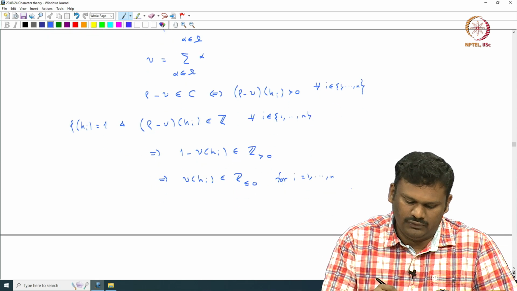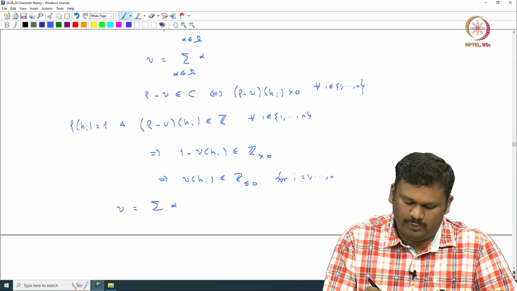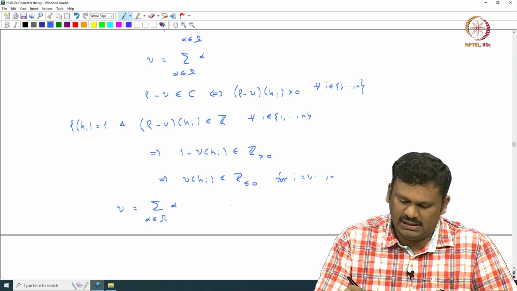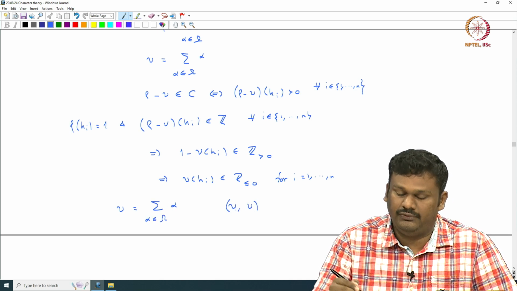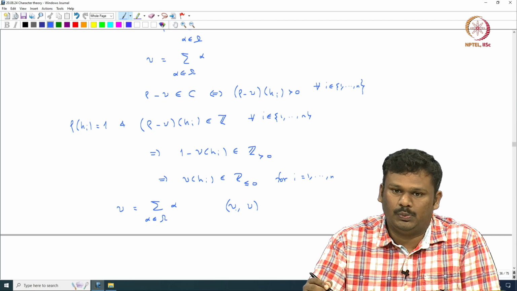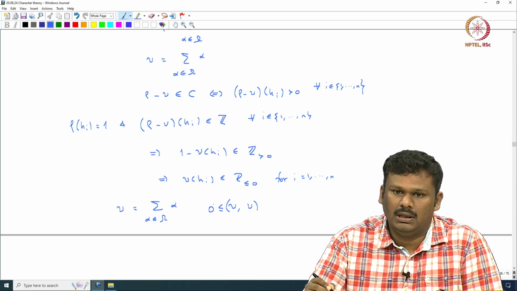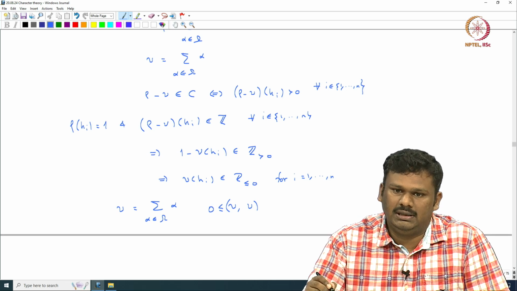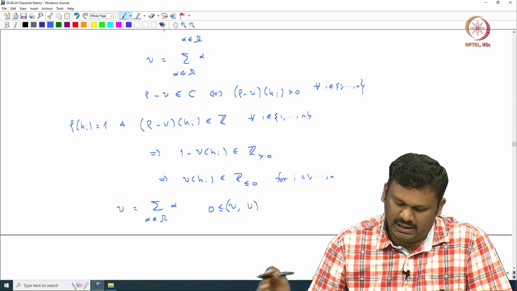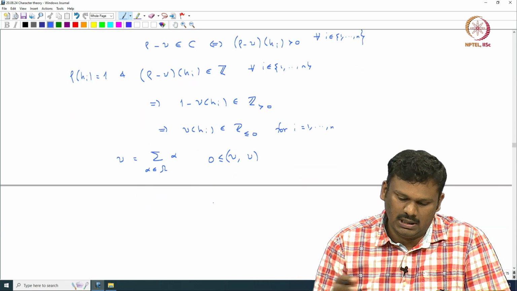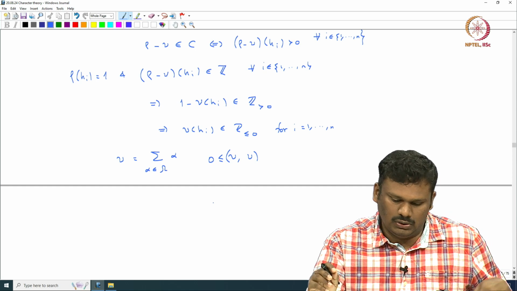Now, V being a sum of positive roots, you can easily see that if you take the inner product, V with V is supposed to be greater than or equal to 0 for sure. If omega is non-empty, this must actually be greater than 0, but for us it is enough to see it is greater than or equal to 0.